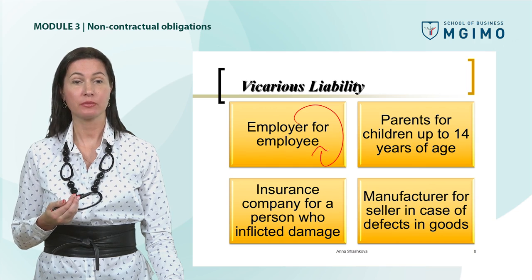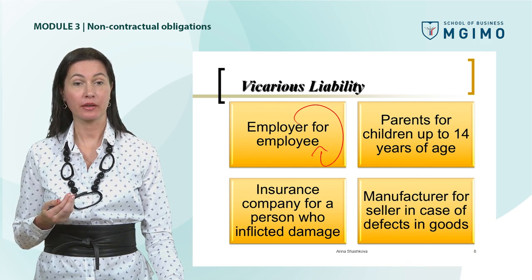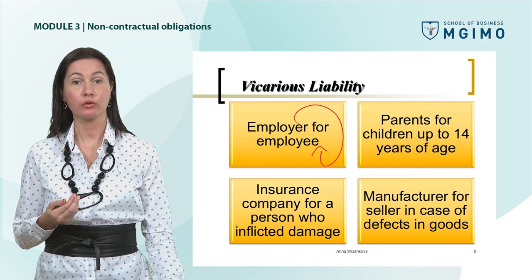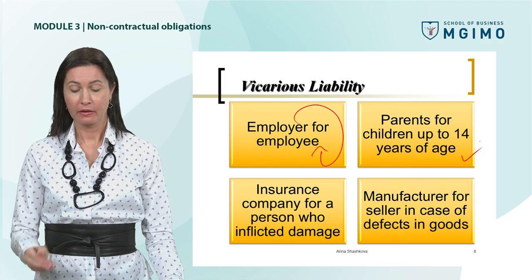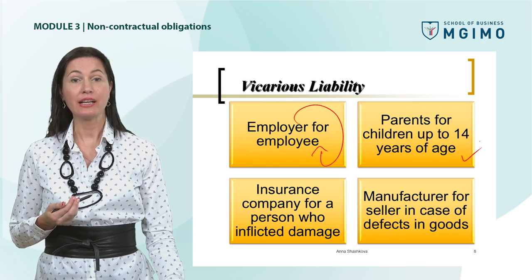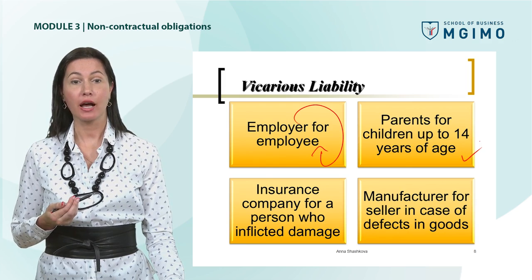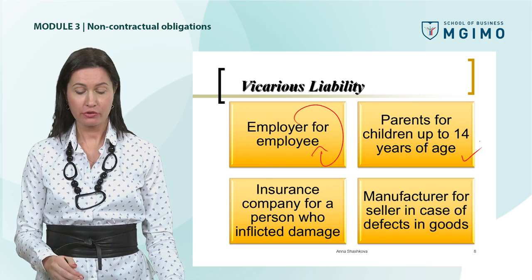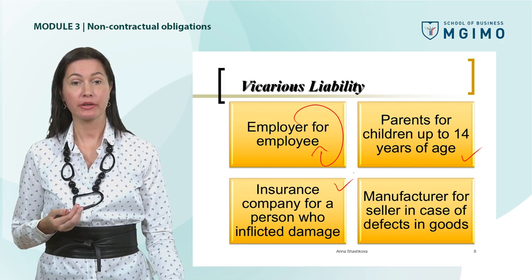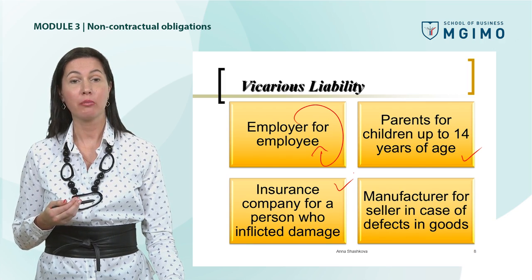Later, yes, it may be compensated from the driver himself, but primary liability is on the employer. Parents who are legal representatives answer for children up to 14 years of age. Insurance company: the insurance company concluded a contract with you, not with the person, to compensate, but it is vicarious liability. So liability passes to the insurance company.